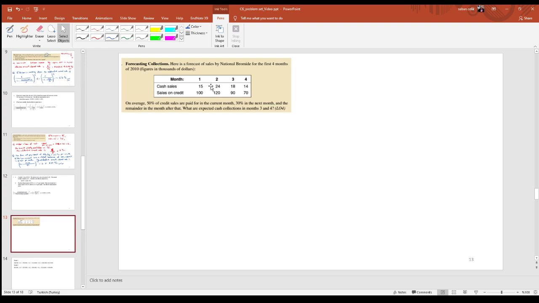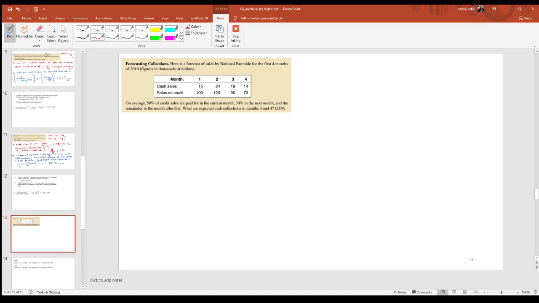We have some problem with cash budget. So here we have forecasting collections. Here is a forecast of sales by National Bromide for the first 4 months of 2010. Figures in thousands of dollars. So month 1, 2, 3, 4, cash sales and sales on credit.